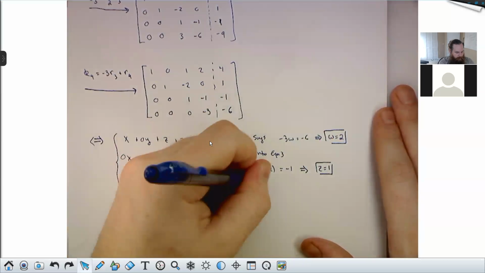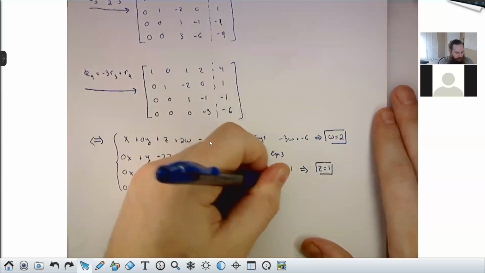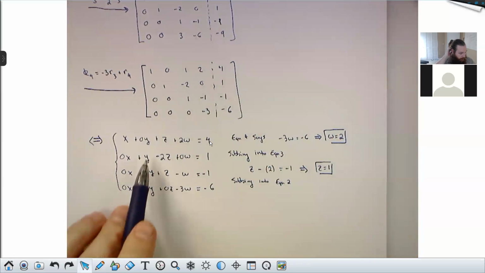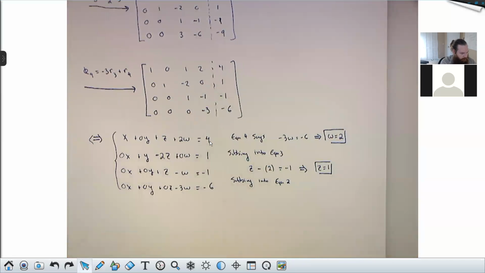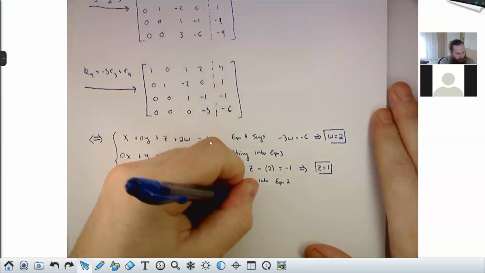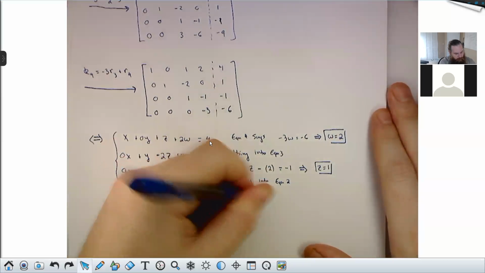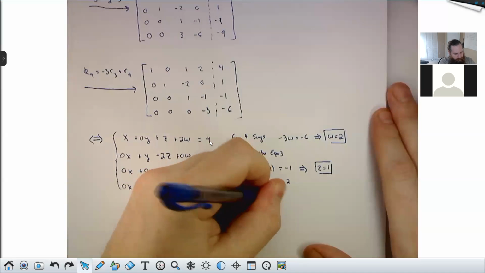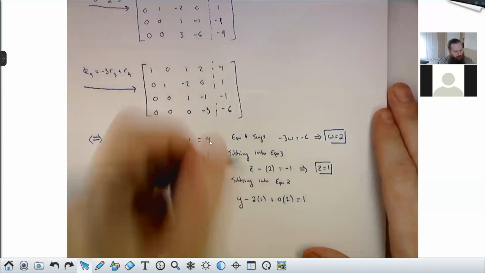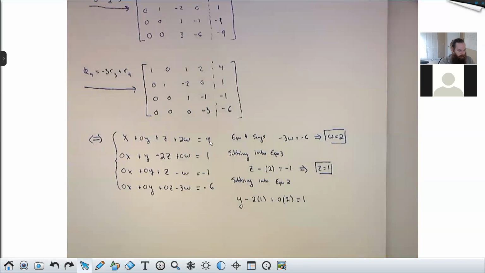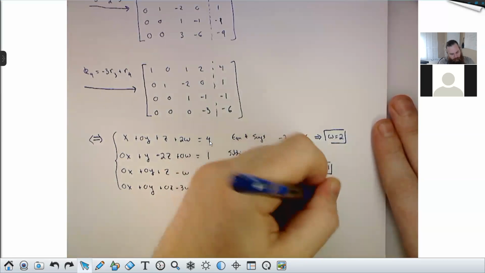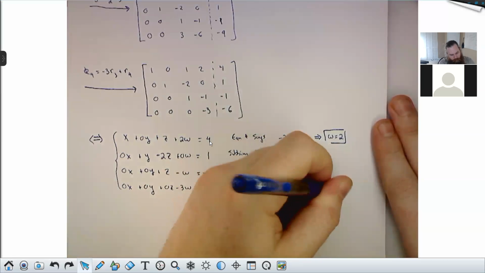Subbing these into equation 2, you have y minus 2z plus 0w equals 1, y minus 2 times 1 plus 0 times 2 equals 1. That's the same as just saying y minus 2 equals 1. So y equals 3.